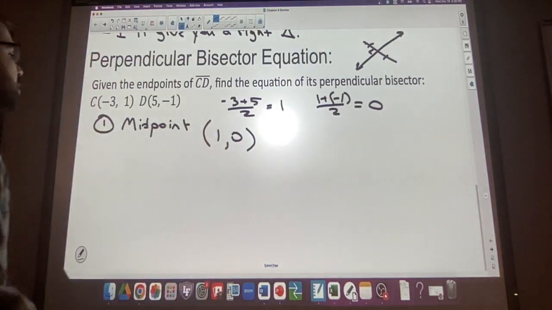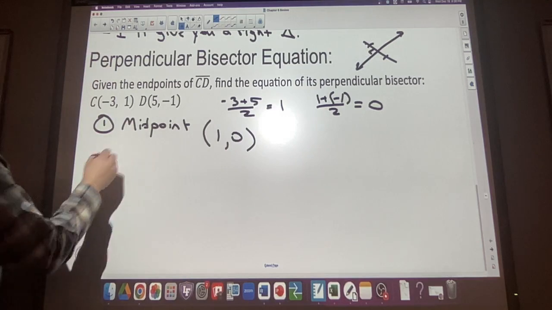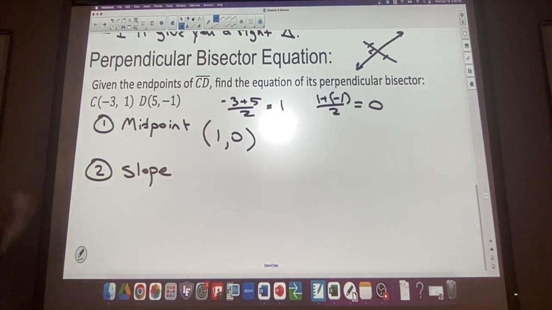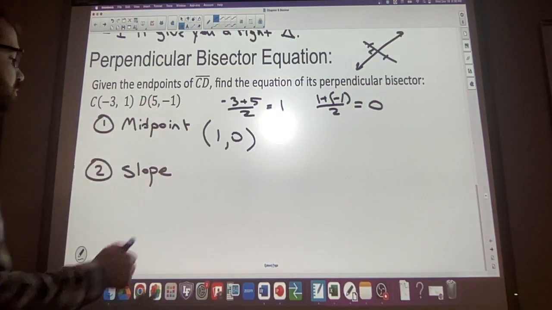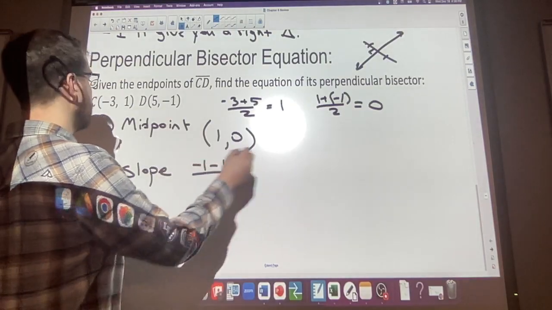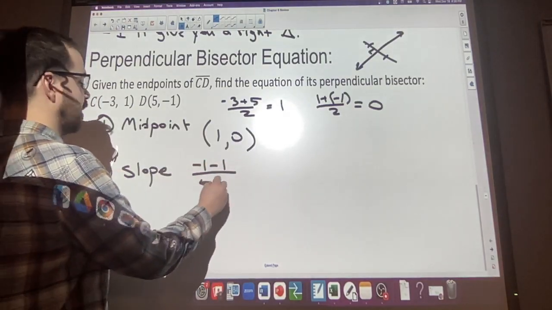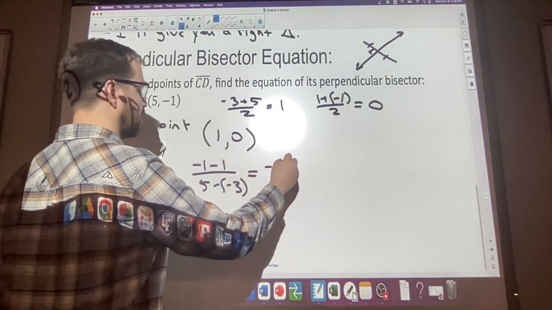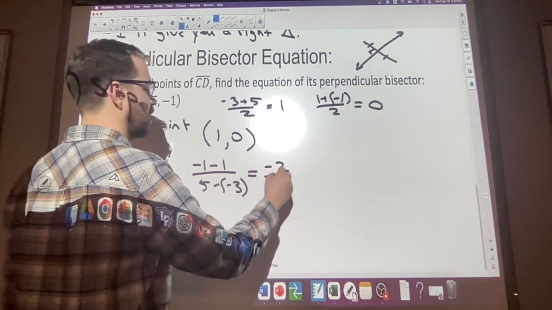Okay? Next, we need to find our slope between these. So you can use a graph to do this. You don't need to because we can find the slope just from these points. So I would do y2 minus y1 over x2 minus x1. -1 minus 1 is -2. 5 plus 3 is 8.